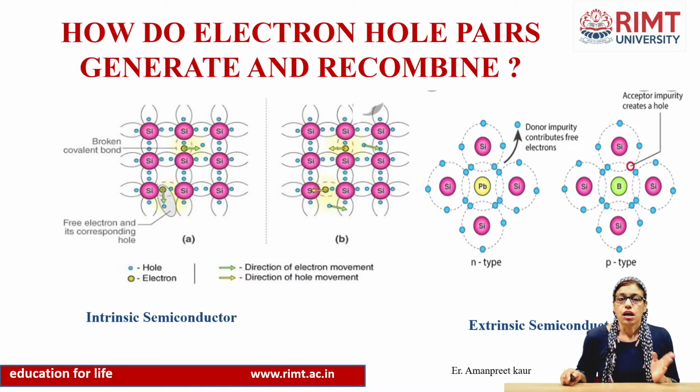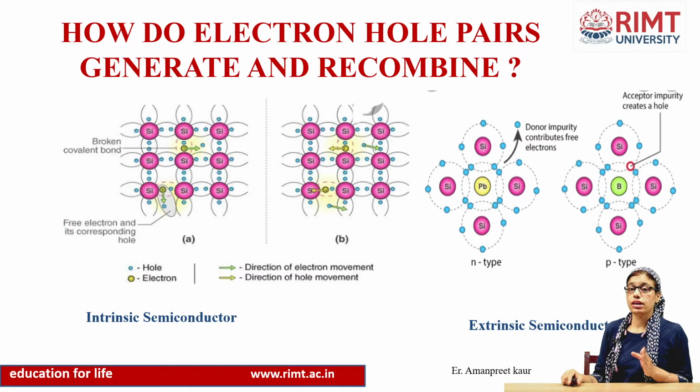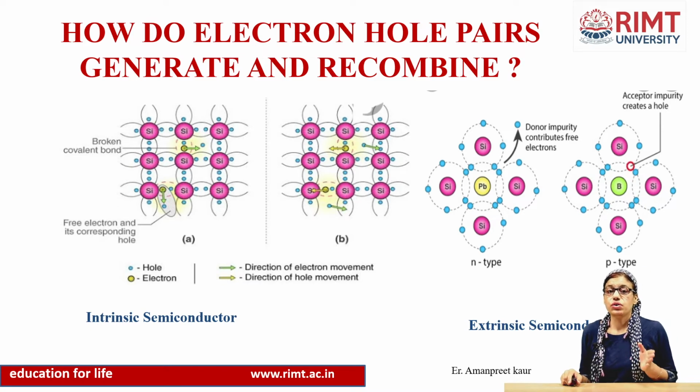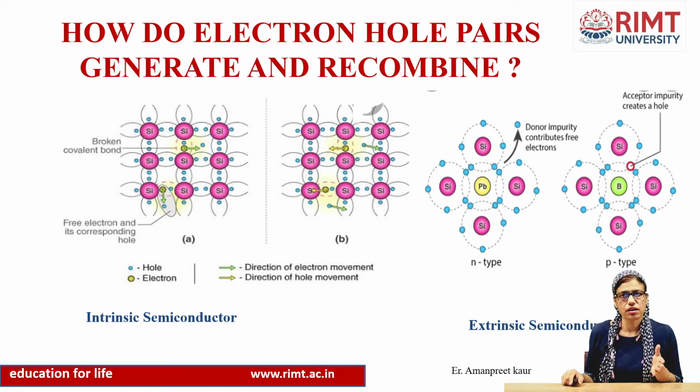Next is how electron hole pairs are generated and recombine. You can understand this from the picture when we add the impurities. A third group element has 3 electrons in the outermost shell, and the semiconductor has 4 electrons in the outermost shell.